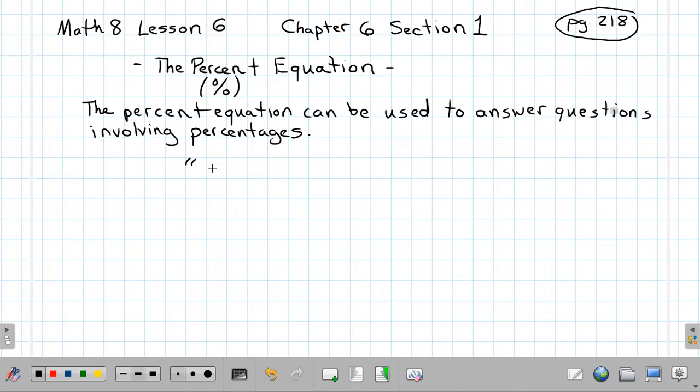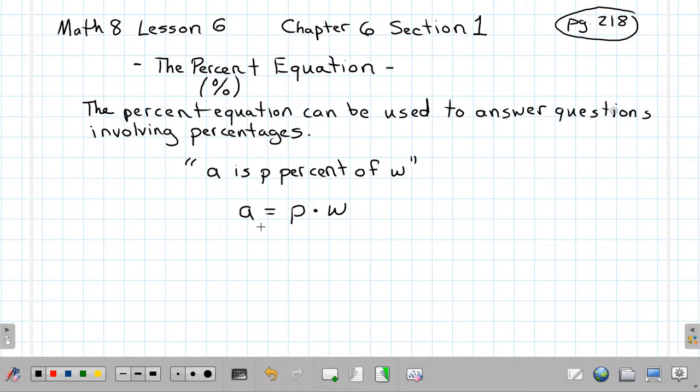But what the percent equation tells us is A is P percent of W. Now, what that means is if we have a number A, then it is P percent of W. Okay, so to write that out as an actual equation that we're going to use, and this is the same equation we're going to use for every single one of these questions, is we have A is equal to, so that's where the is comes from, so is equal to P, and then when we want a percent of W, we multiply, so P times W.